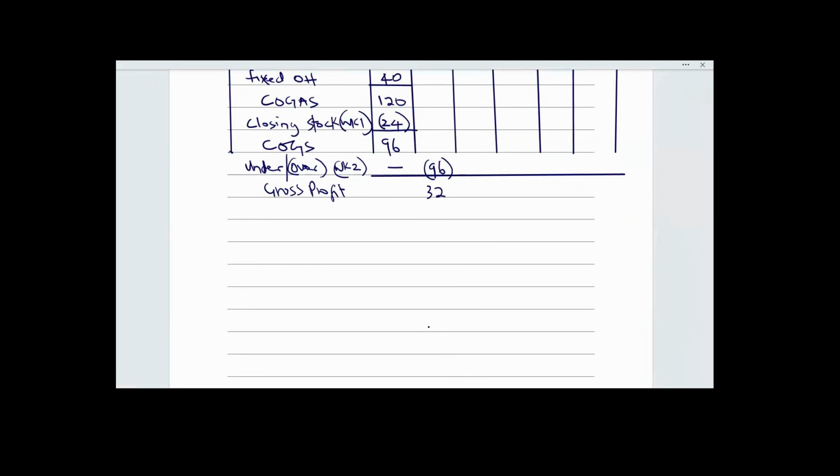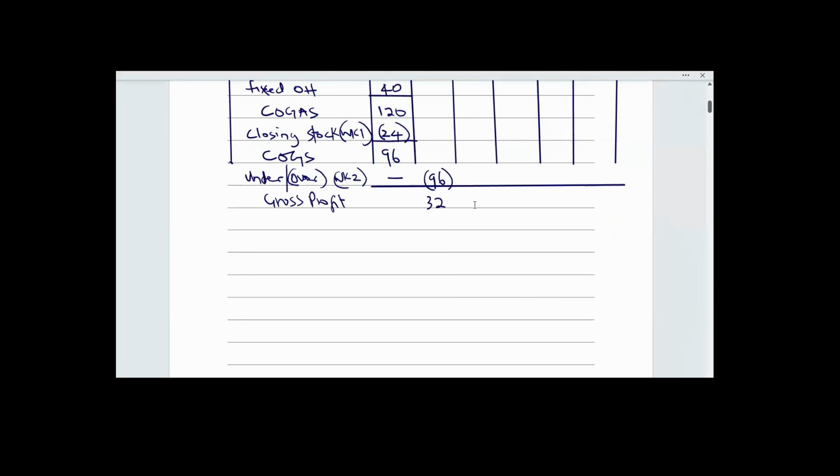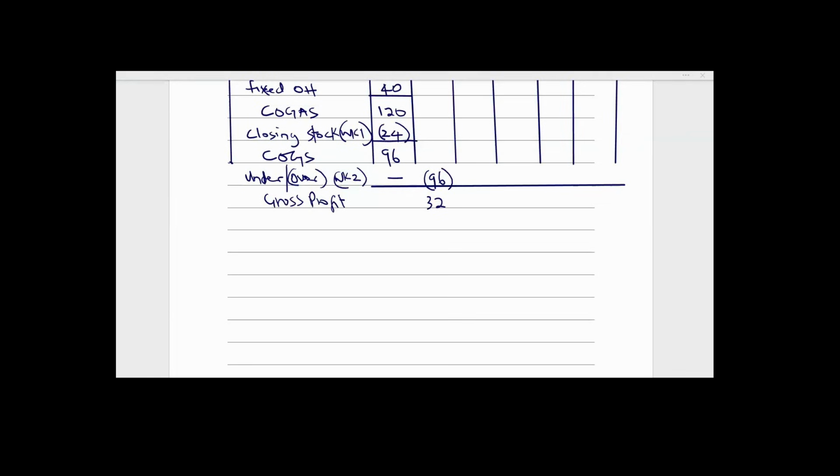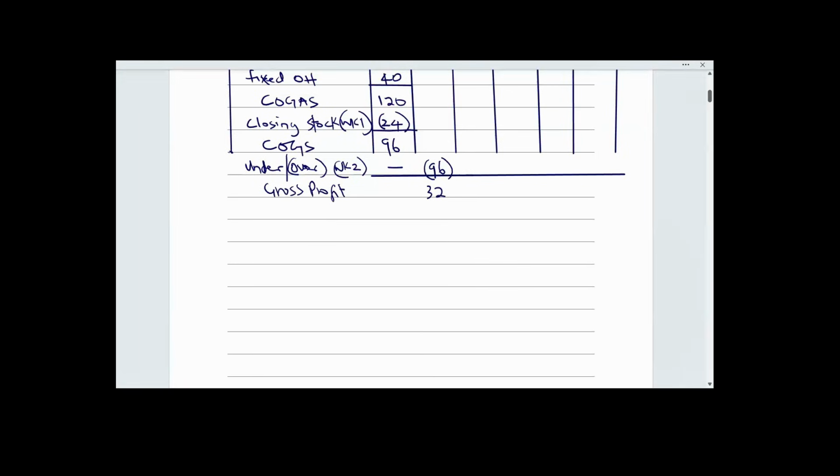After gross profit, we are supposed to deduct non-production cost. According to the question, we don't have anything like non-production cost. So since we don't have non-production cost, just ignore that line item, okay? Remember what I told you. The non-production cost could be variable or fixed.